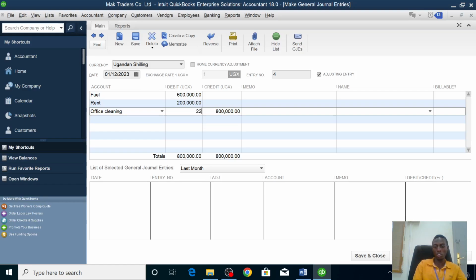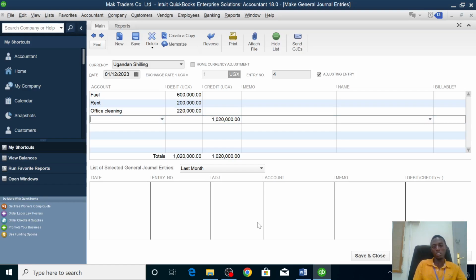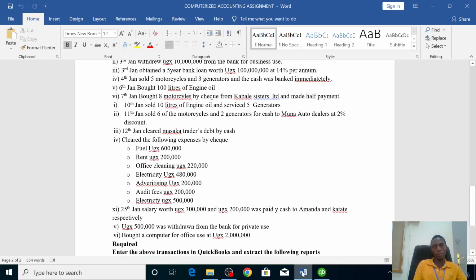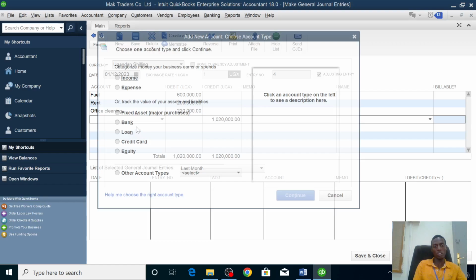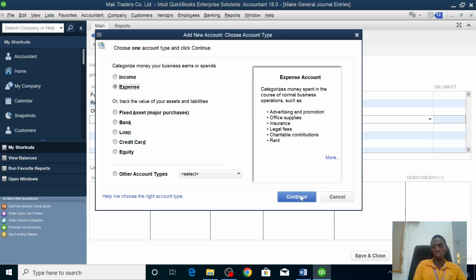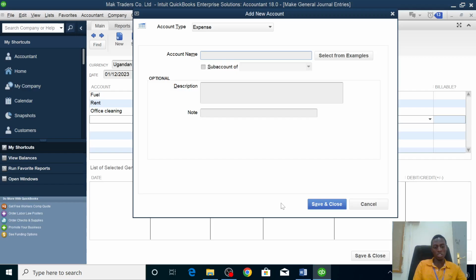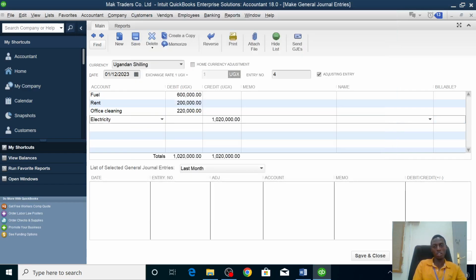Amount of 220. And next, after office cleaning, I have electricity. Add a new expense. It's electricity. Say okay. It's 480.